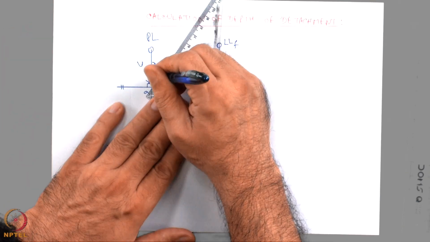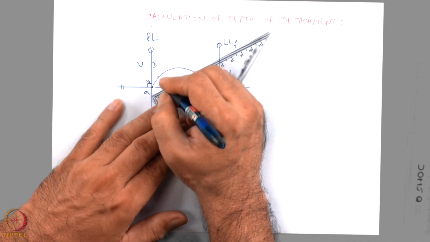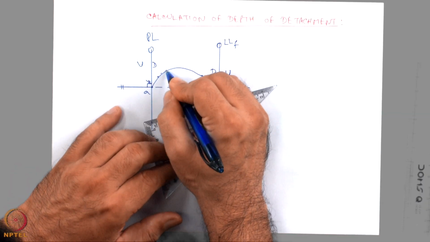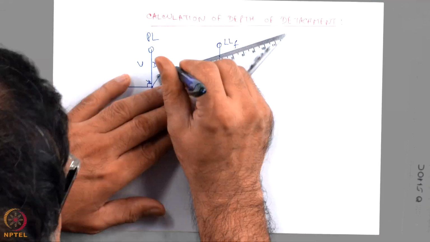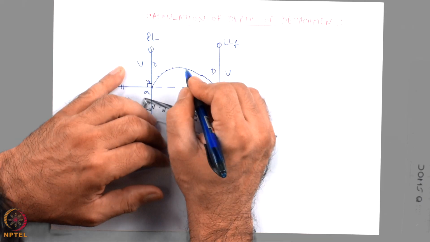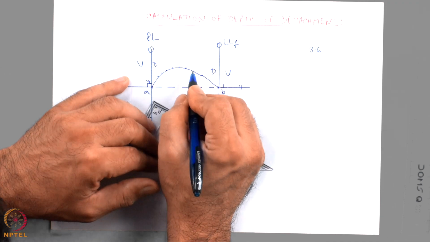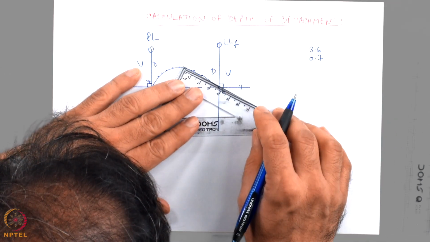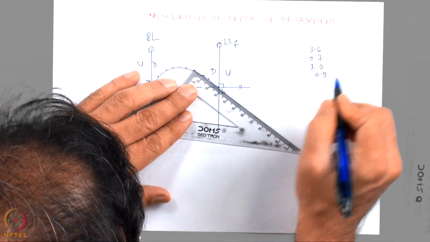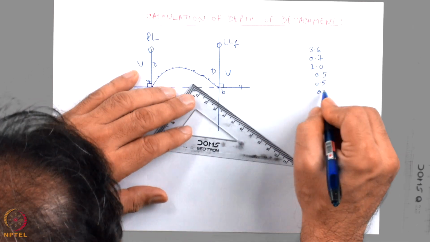Let us do that. 1 centimeter covered, next 1.5 centimeter altogether, then another 0.5 centimeter, so 2 centimeter from here to here, then 2.5 centimeter, 3 centimeter, 3.6 centimeter, and now we are going to add 0.7 centimeter, then 1 centimeter, then another 0.5 centimeter, from there another 0.5 centimeter, and then finally the last 0.5 centimeter.